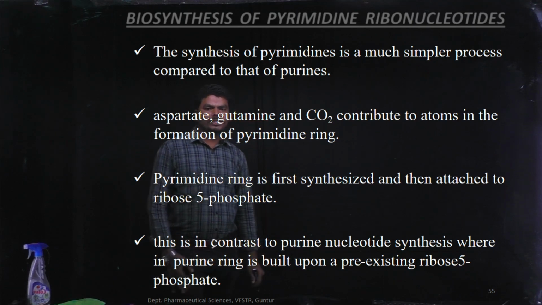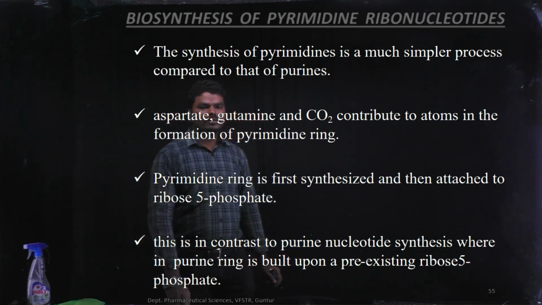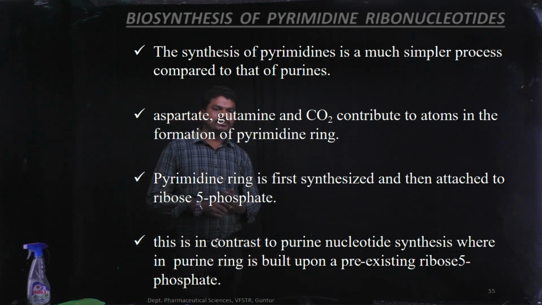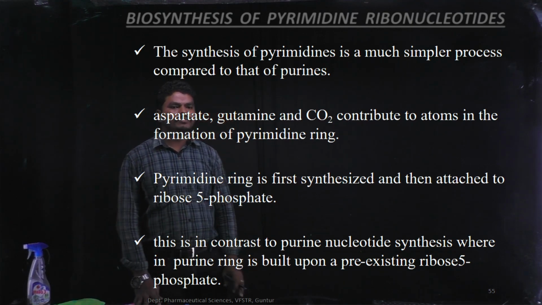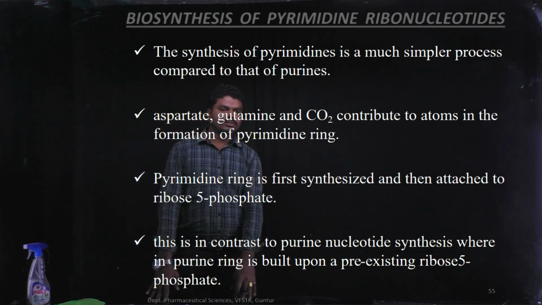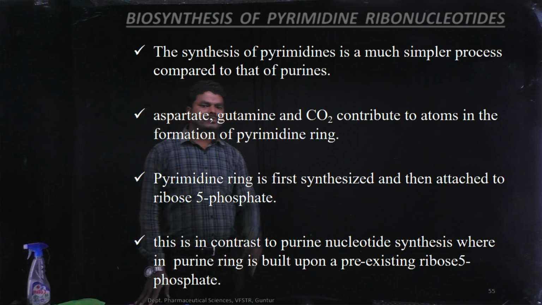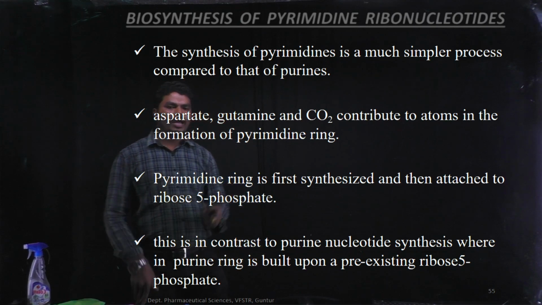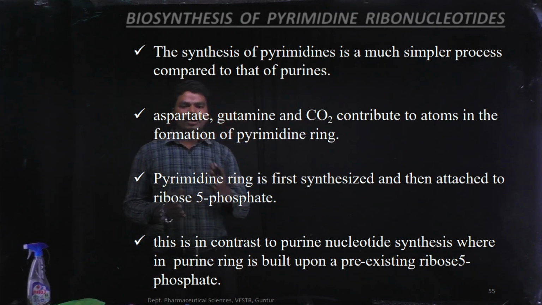Coming to the de novo biosynthesis of pyrimidine nucleotides. These are synthesized similarly to the purine nucleotides, but pyrimidine synthesis is a much simpler process compared to purine nucleotide biosynthesis. In the formation of the pyrimidine ring, aspartate, glutamine and carbon dioxide contribute the carbons and nitrogens.